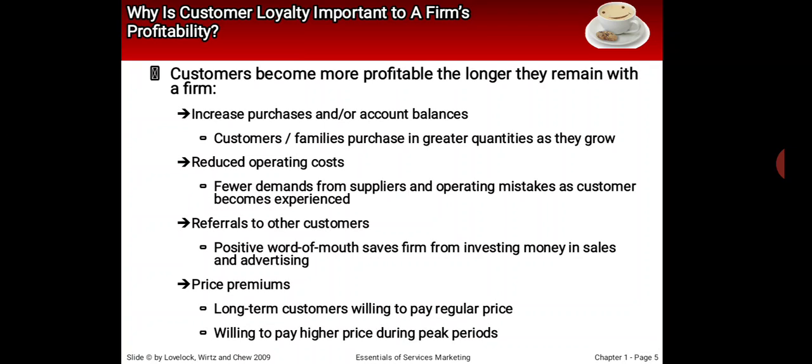It means your existing customers try to refer other customers for the purpose of consuming or adopting your services, so you get the benefit of referral. Next, price premium. Also, if you have almost all customers who are loyal, who are with you for a long period of time, they are willing to pay a higher price.